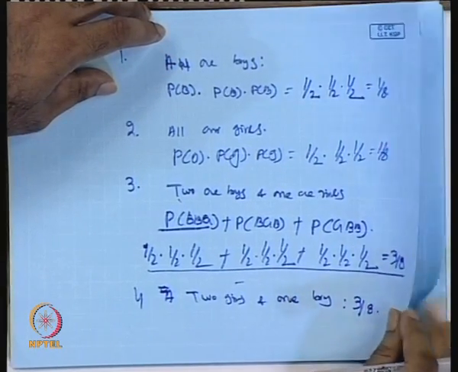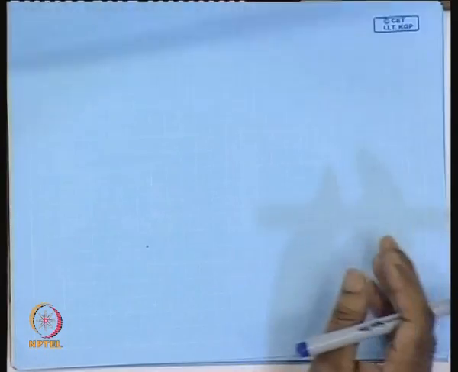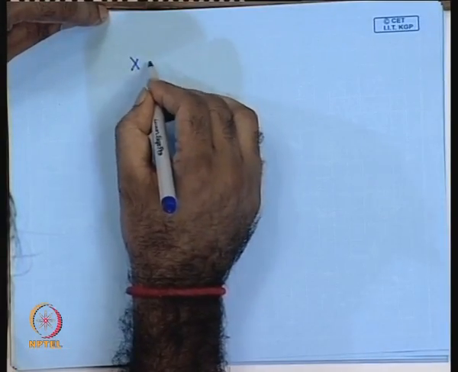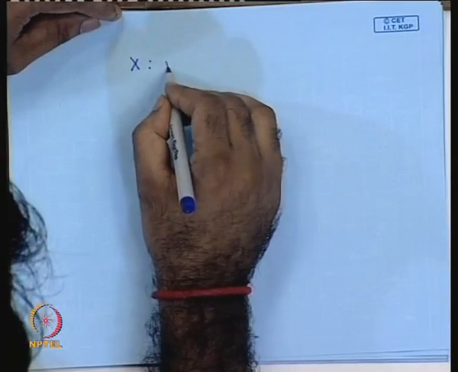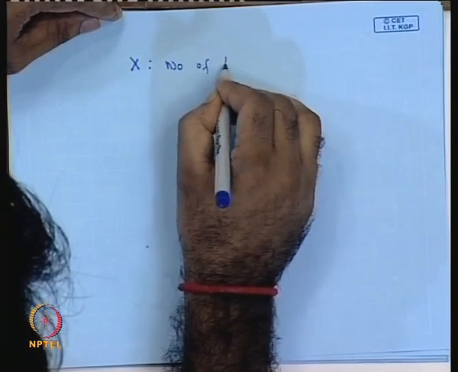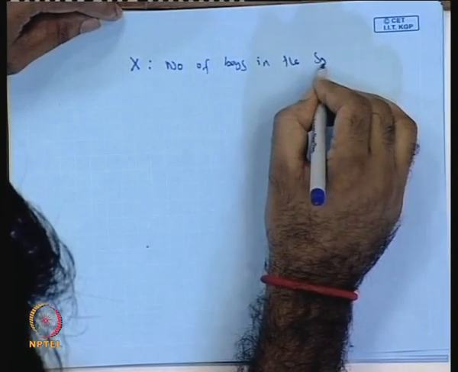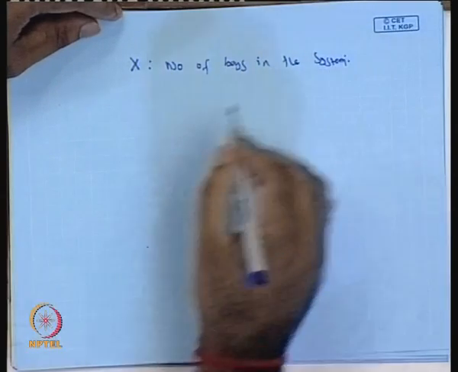So, now we will formulate the probability distribution. X is a random variable which, let us say, is the number of boys in the system.